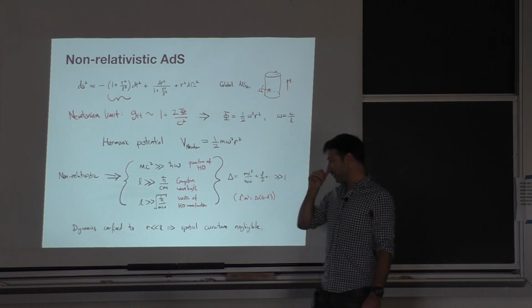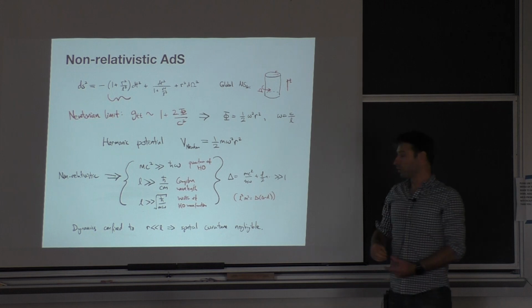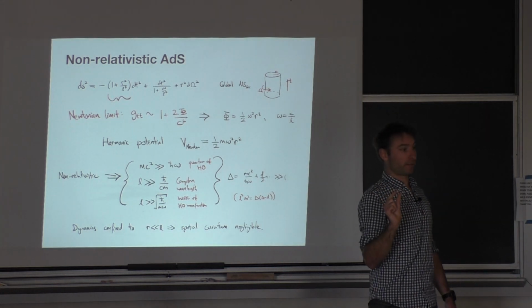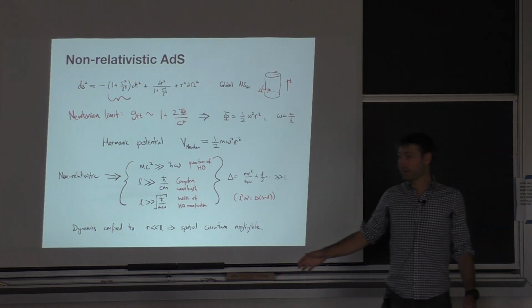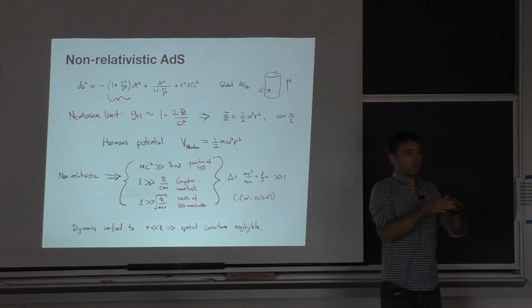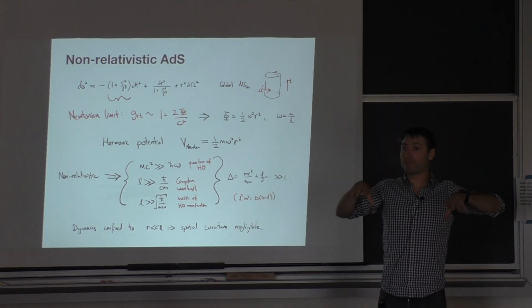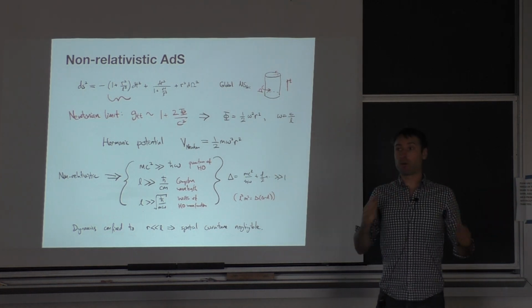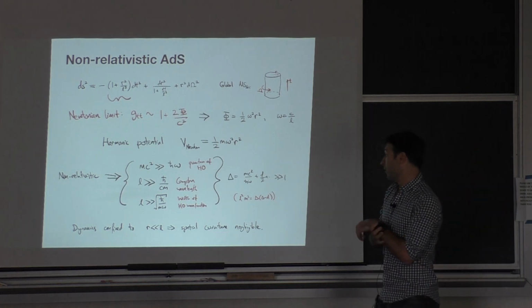Another way of saying it is that the AdS length has got to be large compared to the typical relativistic quantum length scale of the particle, which is the Compton wavelength. Or another way of saying it is that with this harmonic potential, any particle will have some Gaussian wave function with some width. And we'd like that width to be smaller than the AdS length, L.